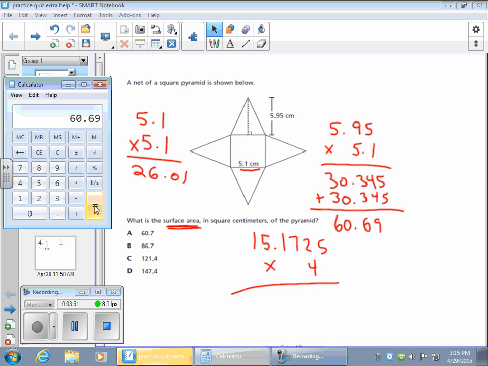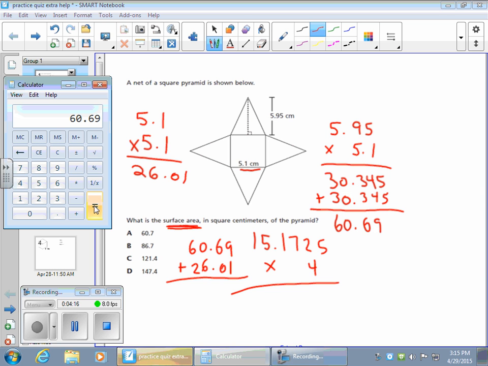So how do I find the surface area of the whole shape? And I know some of you are thinking, but we never did this. No, it was on the online quiz too. If you understand surface area, you understand that it's the area of all the sides added together. So 60.69 plus 26.01.